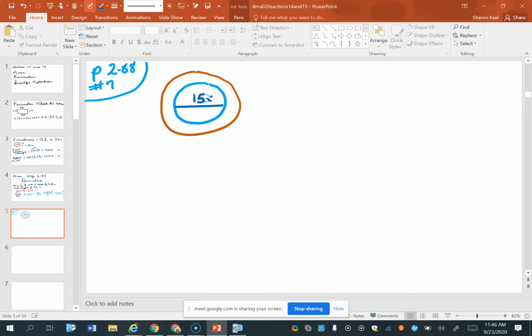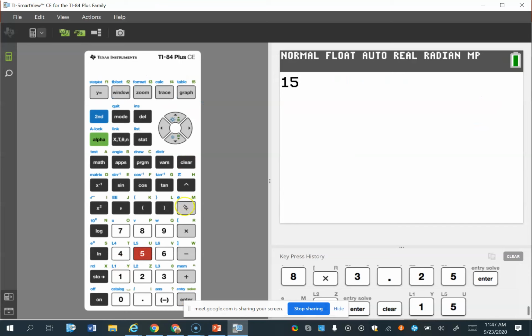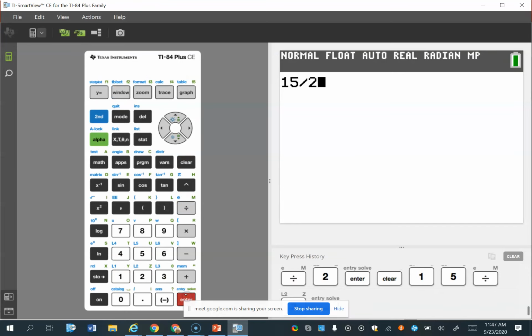When we're calculating the area, it's pi times radius squared. Already I see they gave me that the diameter is 15. In order to get the radius, we're going to take a diameter of 15 and divide it in half. When we divide that in half, we get a radius of 7 5/10.